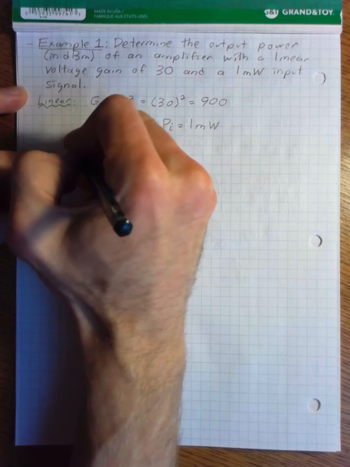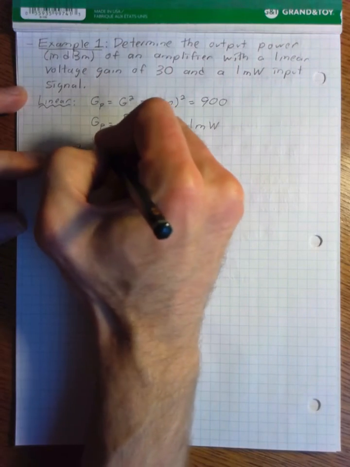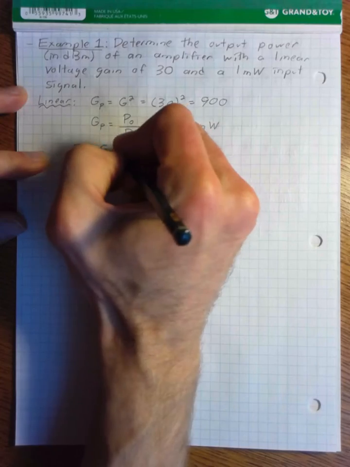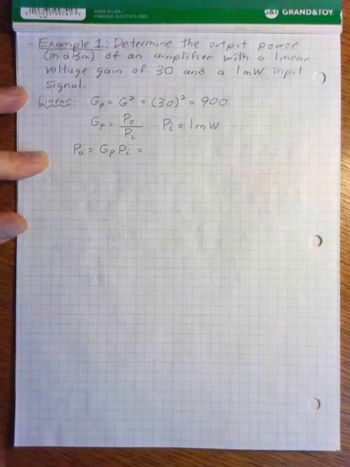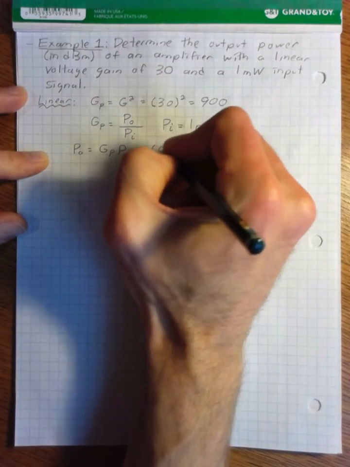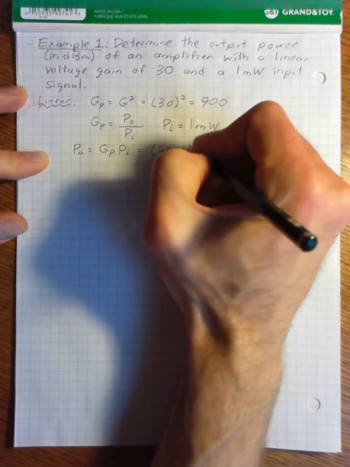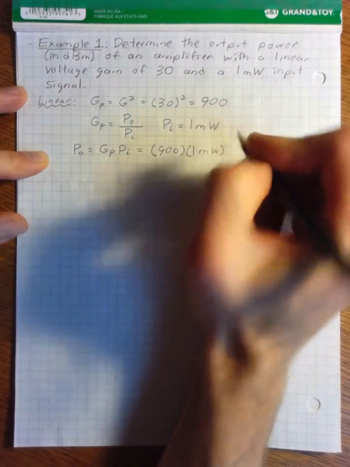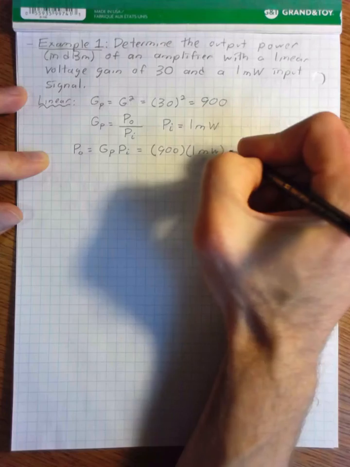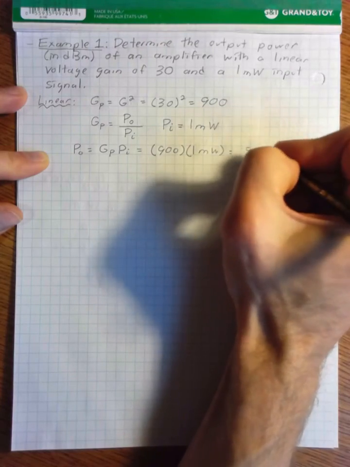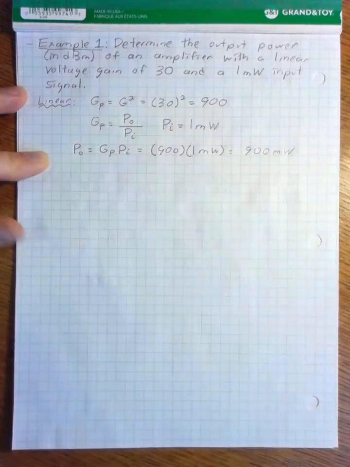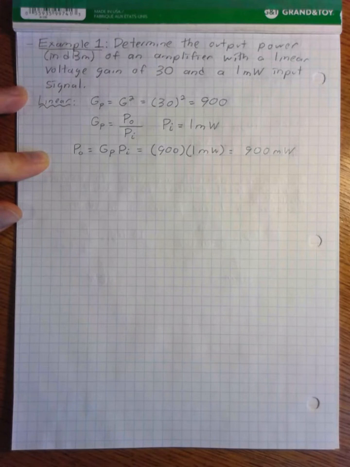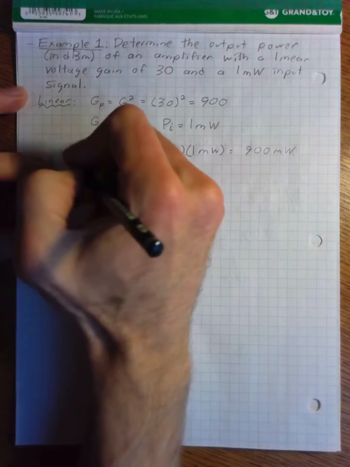Okay, and so these are the tools in our toolbox, I guess. We know that our output power is just equal to our power gain times our input power. So we substitute in our values: 900 times 1 milliwatt, which gives us 900 milliwatts. Now I want to express that output power in dBm.